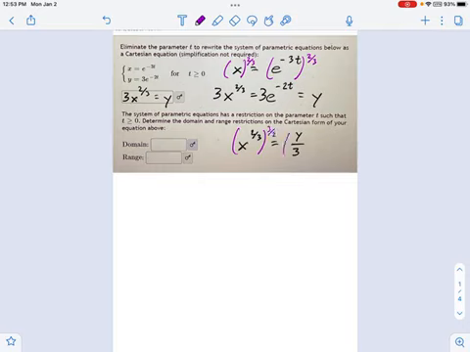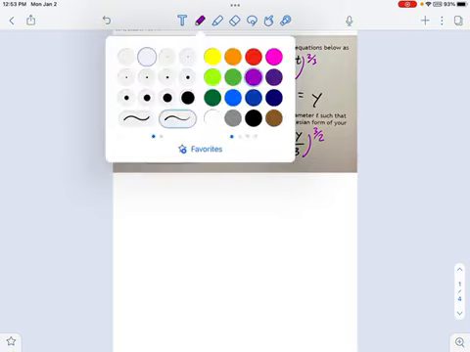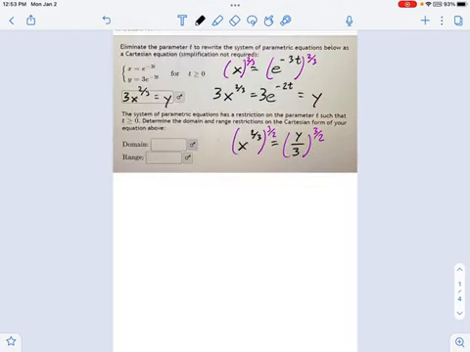I'm going to raise both sides to the 3/2 power, the reciprocal of the exponent on the x. And now if you look at what happens, see these exponents cancel out right here. So I just get x. x equals, well, I don't need to simplify this. This is about as simplified as it can get. (y over 3) to the 3/2. So that's another acceptable form of this equation. Either of these things will work.